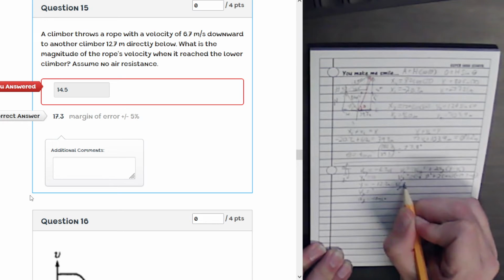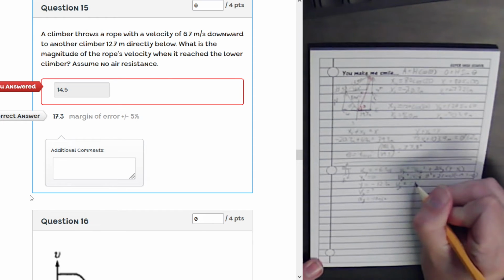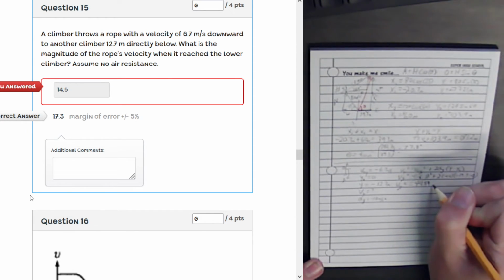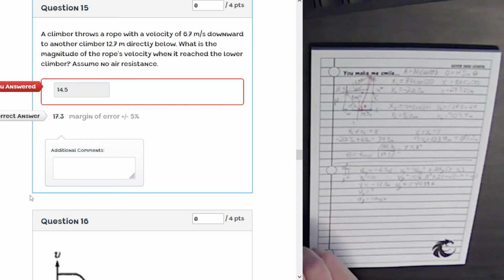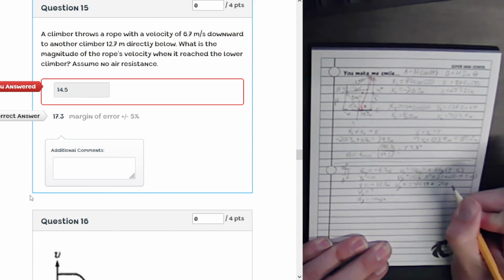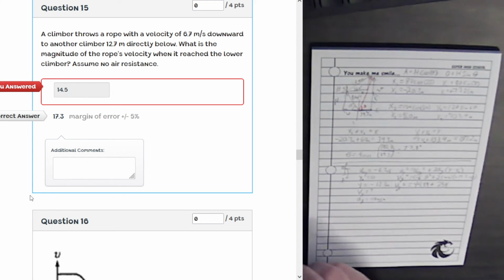Negative 6.7 squared is going to become positive after you square it, 44.89, plus 2 times 10 times 12.7. Again, that'll be positive, it's 254. Technically, we also need to distribute this to the 0, but it's obviously going to be 0.